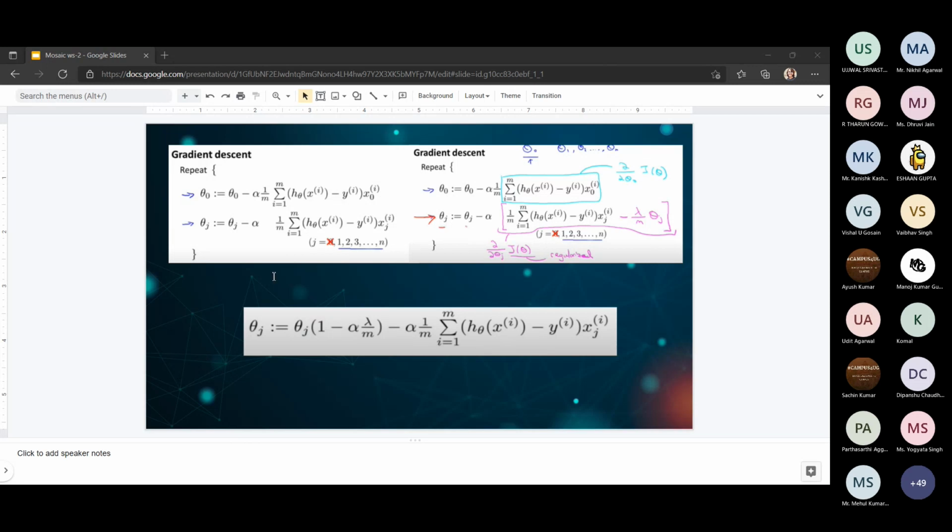And on the top, in the cyan bracket, will still be the partial derivative of j theta with respect to theta 0.